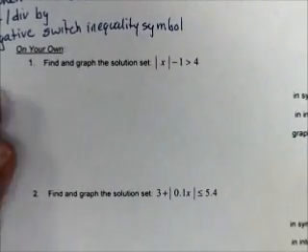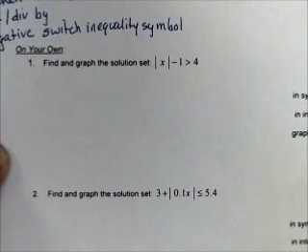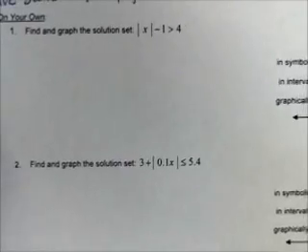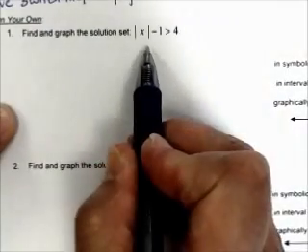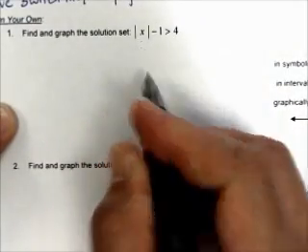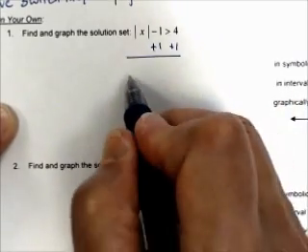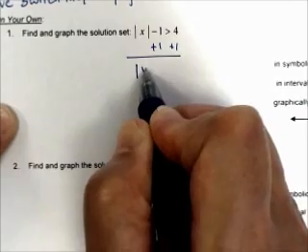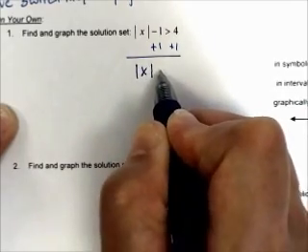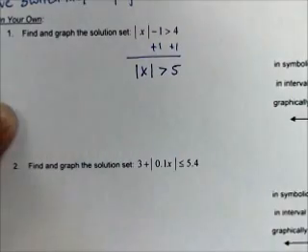Okay, now if you would, stop the video and try the next 3 questions on your own. Isolate the absolute value. First step, add 1 to both sides. So the absolute value of x is greater than 5.